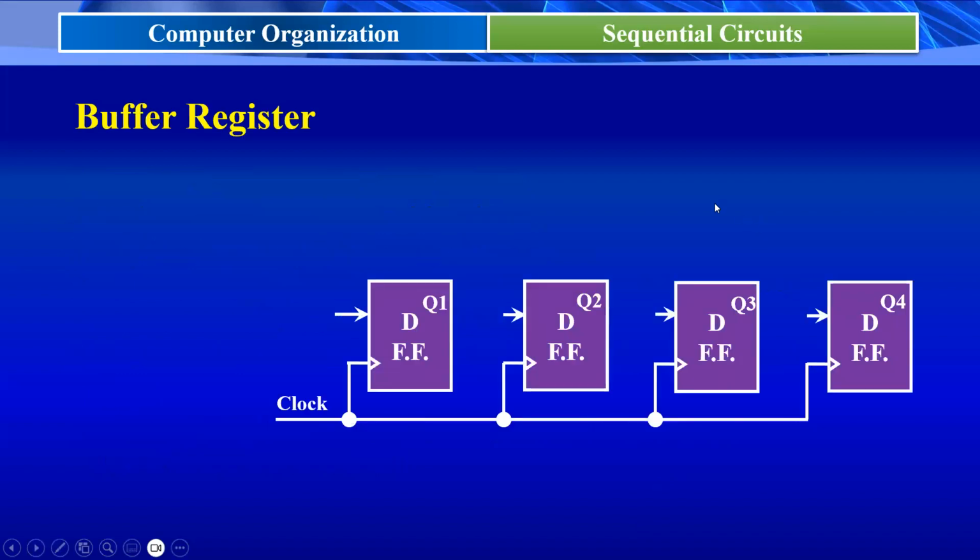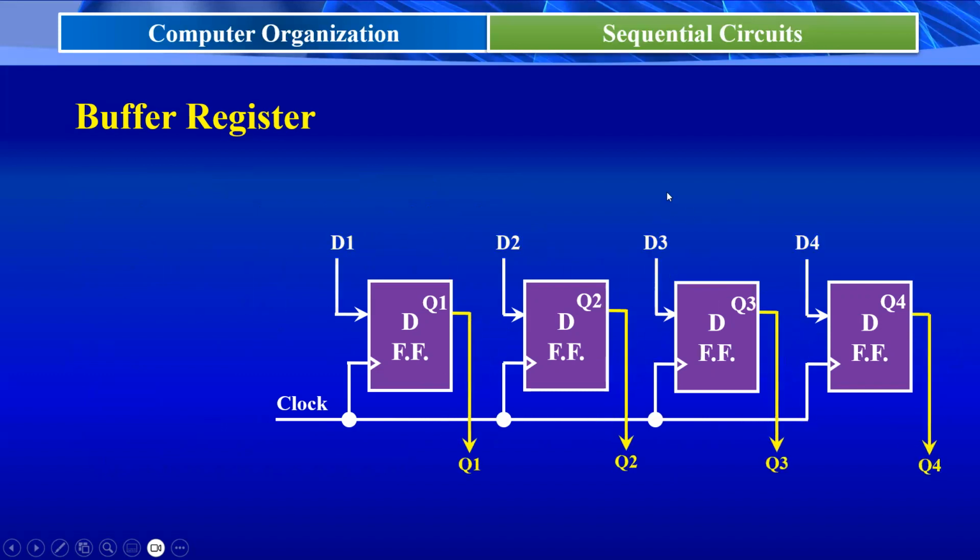Next, coming to the different varieties of registers. The first one is a buffer register. A buffer register simply holds the data we give to the input of the register. Just now I told you that a register is nothing but a collection of flip-flops.